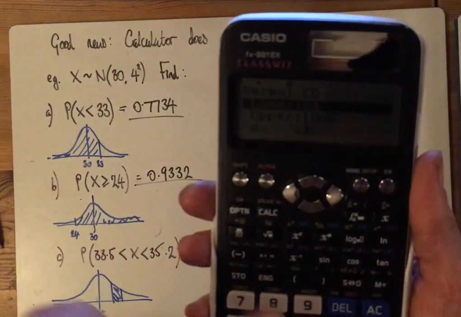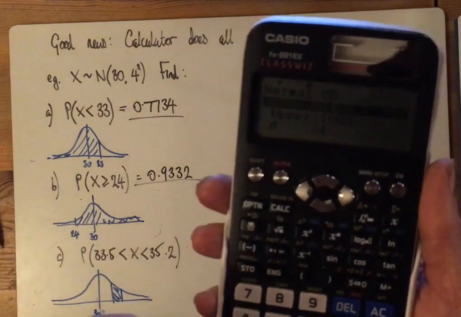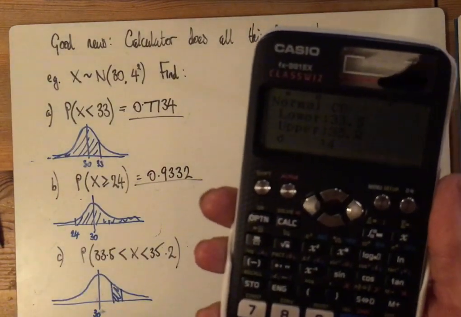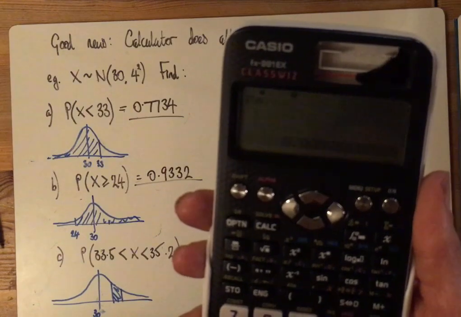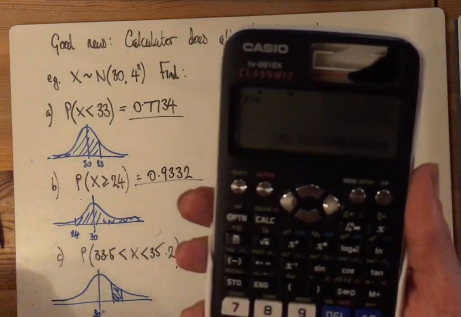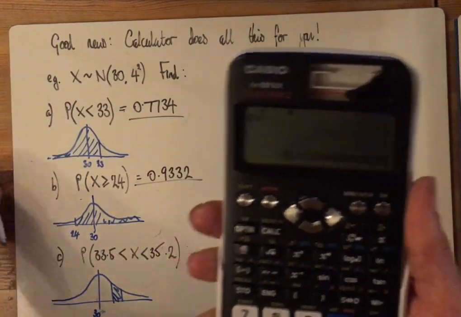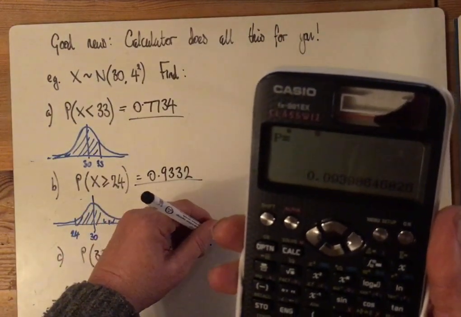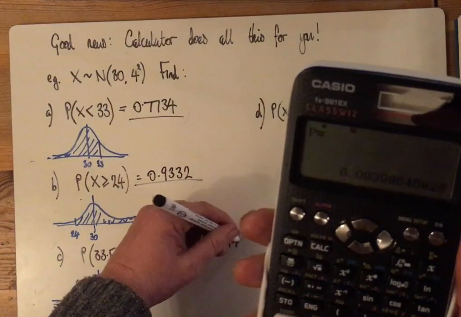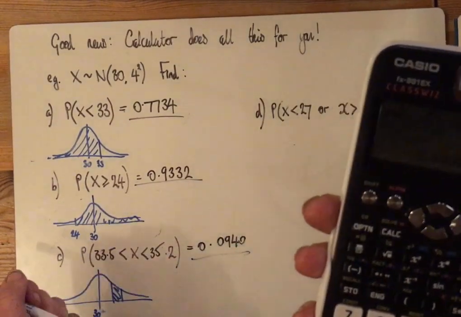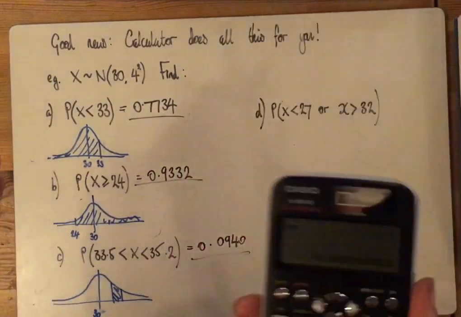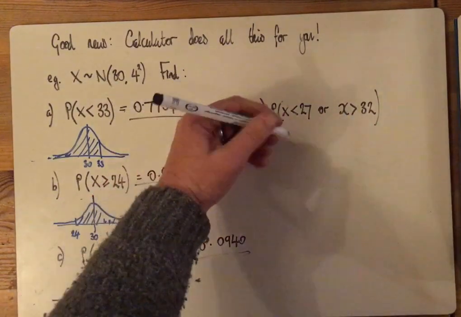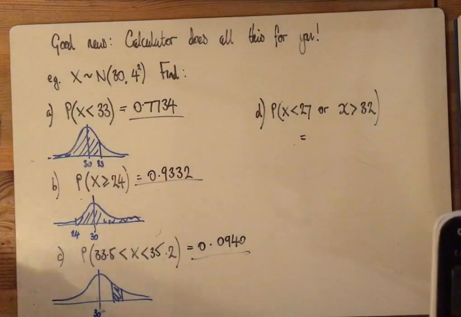So you just put in your lower limit as 33.5, upper limit as 35.2, and then standard deviation and mean is still saved from the last question, so I don't need to re-enter those. And that comes as 0.0940.